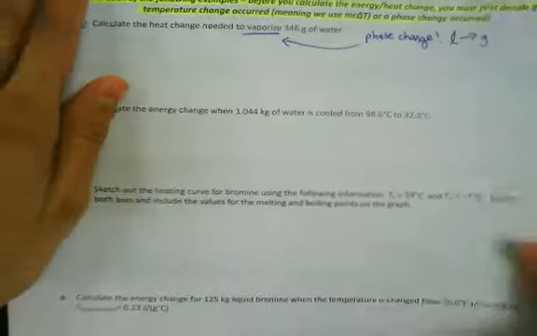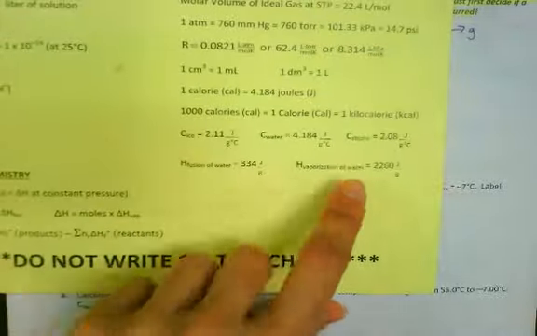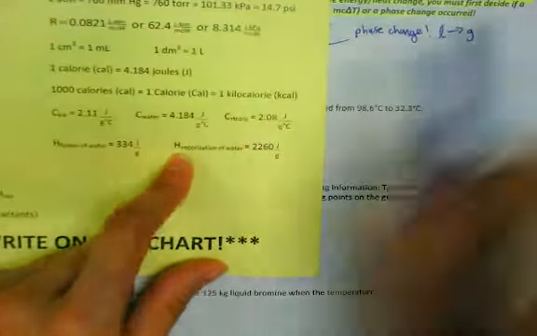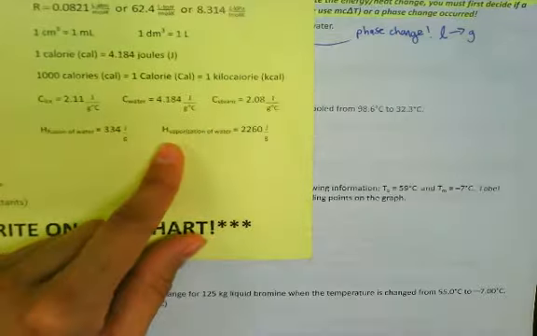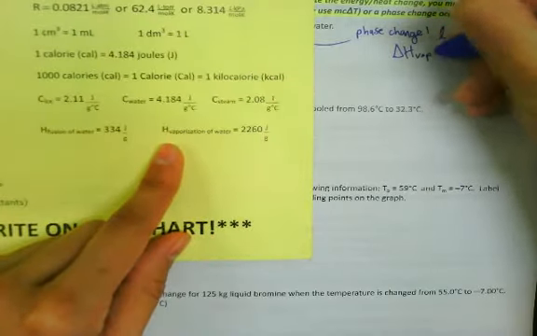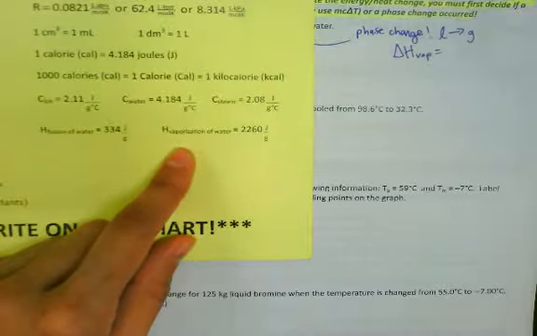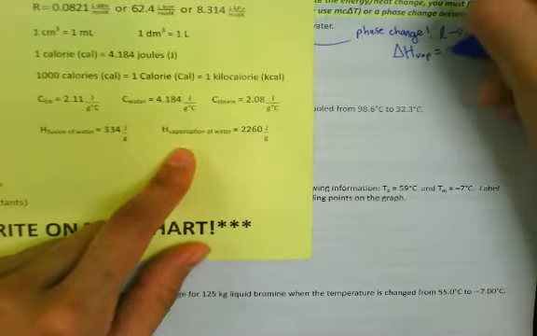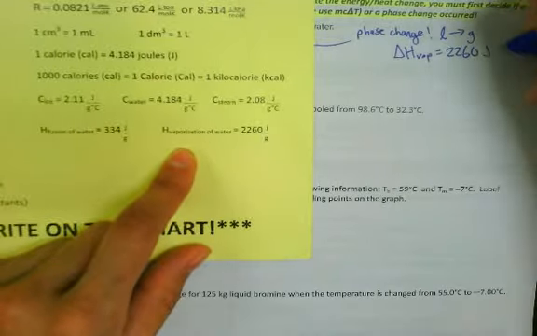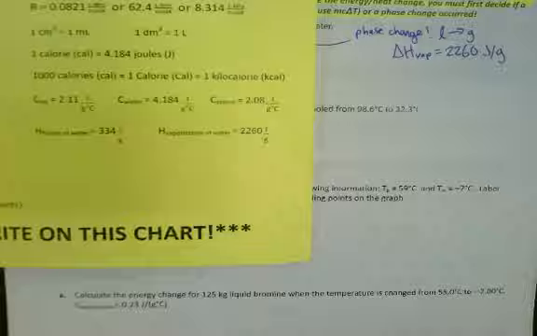What's nice about this is we can come over to our formula chart. Like I said, they will give you the heat of vaporization and fusion of water. Since we're going from liquid to gas, we're vaporizing something. That should clue you in to the fact that we're going to need our delta H of vaporization, our heat of vaporization, which we are told is 2260 joules per gram.